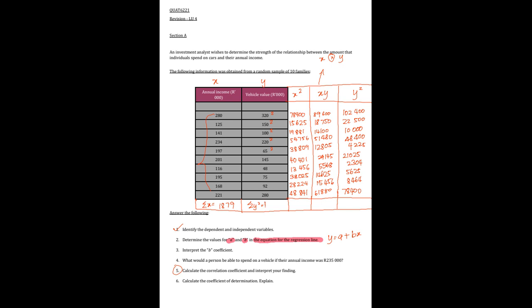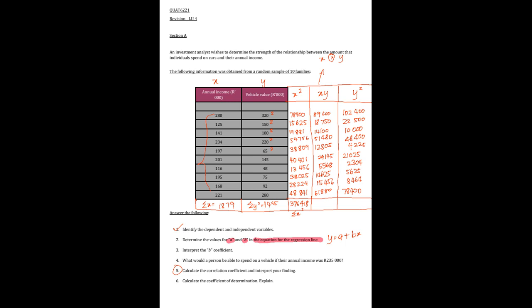Then your next column, which is the sum of x squared, is 371,376,418. This is the sum of x squared. Then your xy is x times y.